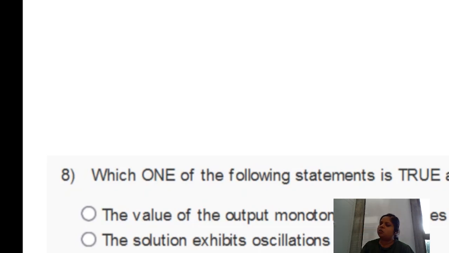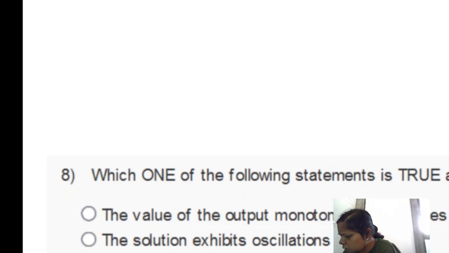So just going with the first option, I would like to ask you, what happens to the output as we increase the value of t? Let's say initially t was 0. So what is the value you get when t was 0? Can someone tell? It's very simple. Please try.